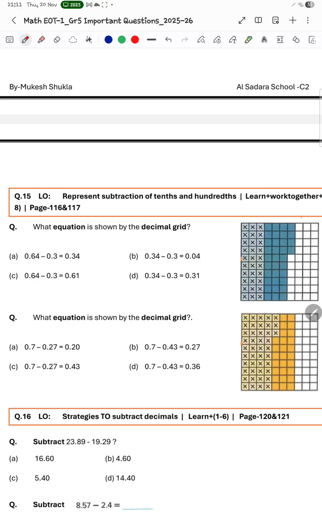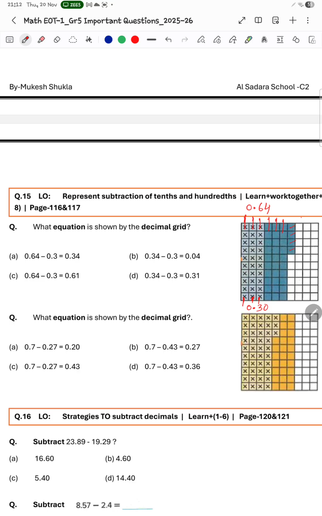So this is 10, 20, 30, 40, 50, 60 and 61, 62, 63, 64. So I have total 64 small boxes, right? And now I will count the number of X. So how many X do I have? 10, 20 and 30. So I have 30 X.